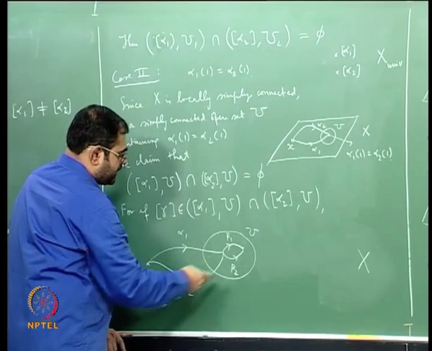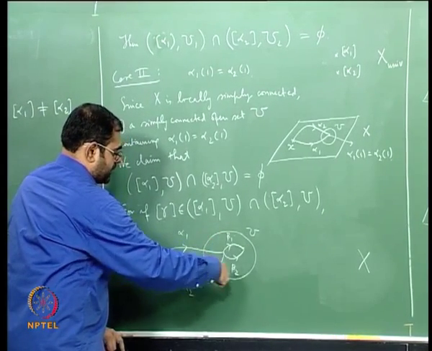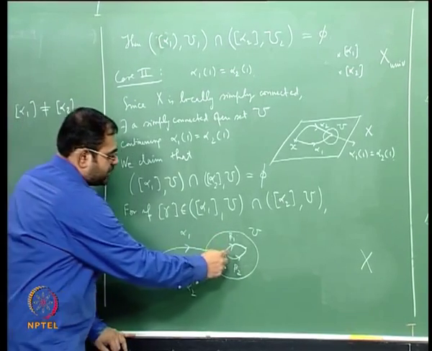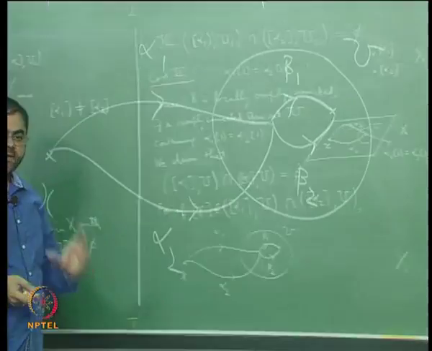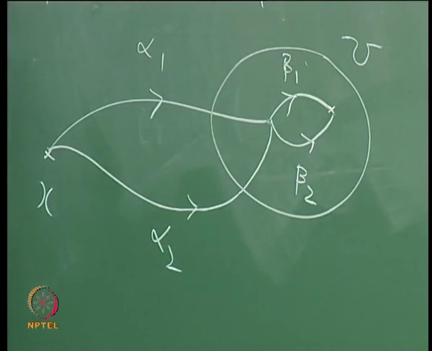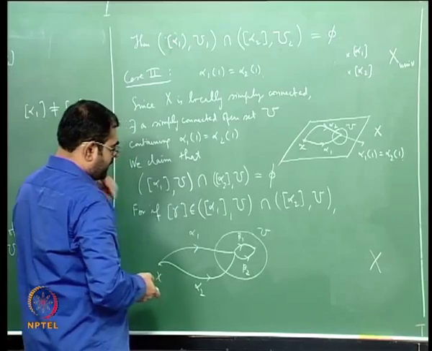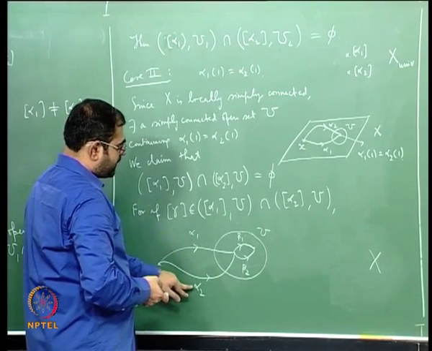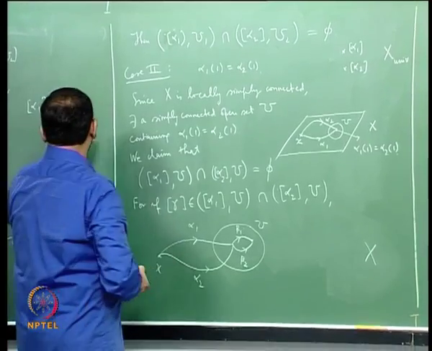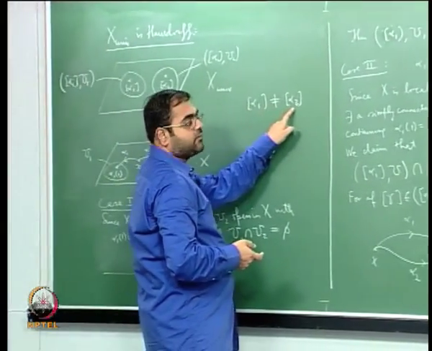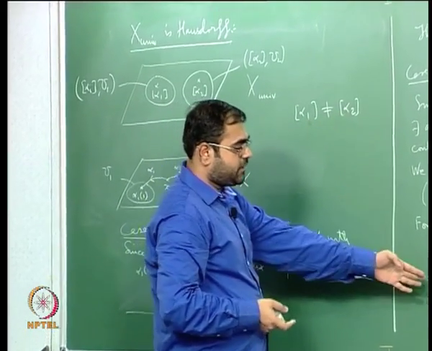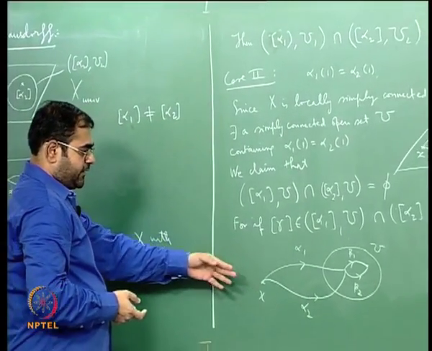Now you see the fact that this U is simply connected will tell you that any closed path in U can be continuously shrunk to a point, okay. So it will tell you therefore that alpha 1 and alpha 2 are homotopic, and that means that the homotopy class of alpha 1 will be equal to the homotopy class of alpha 2, but that's not true, okay. So this can be easily seen.